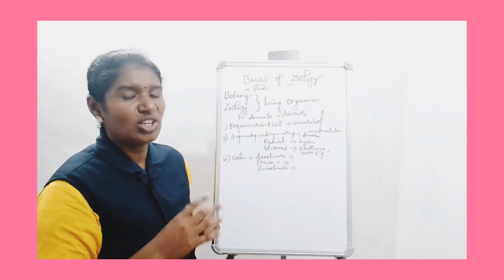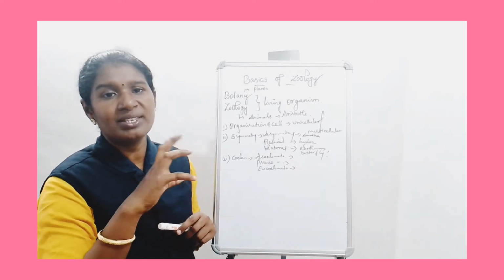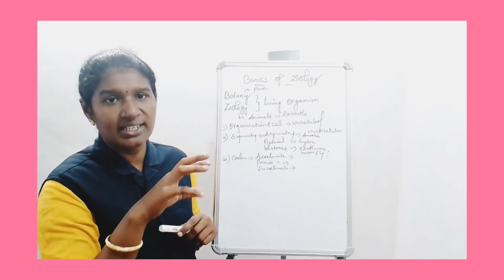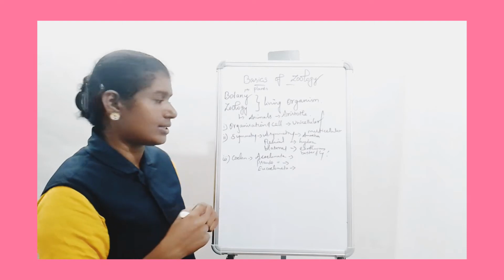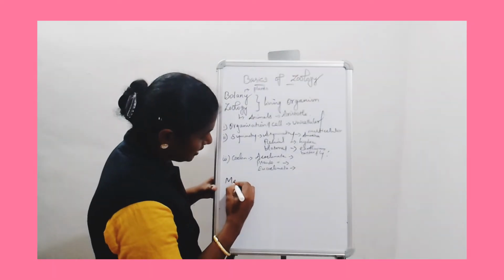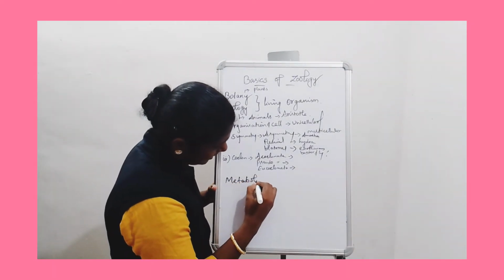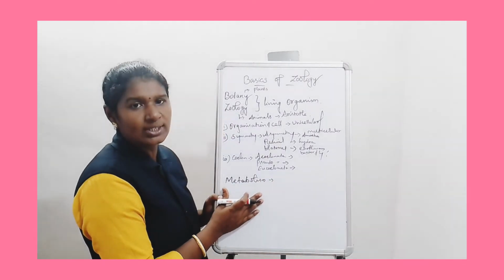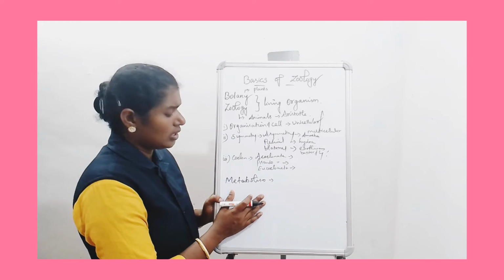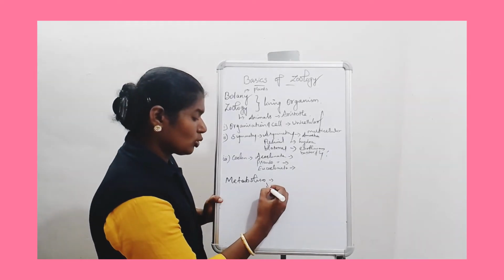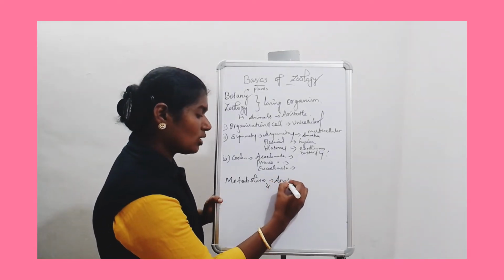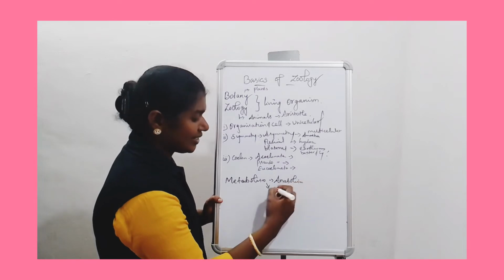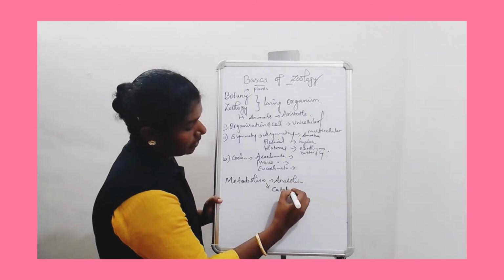At the same time, we know that all organisms survive by life activity. It is controlled by the life process called metabolism. What is that? Metabolism. So metabolism is a life process of an organism. It is also classified into 2 types: one is called anabolism, another one catabolism.